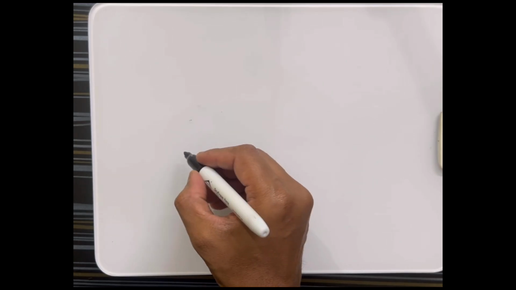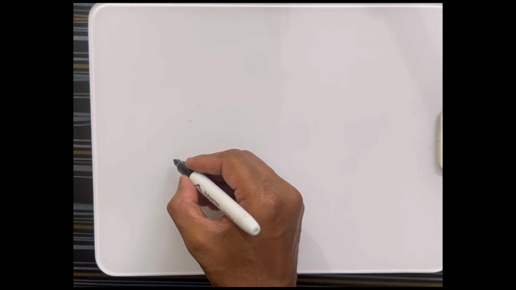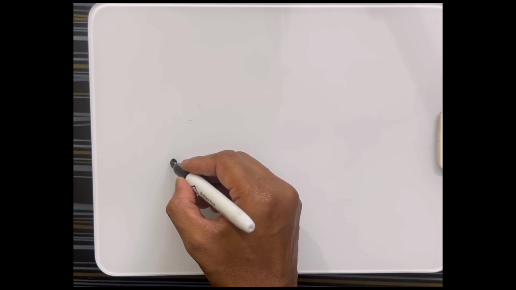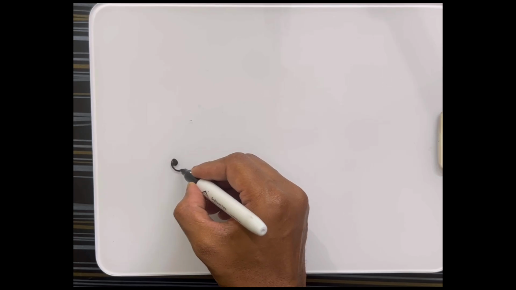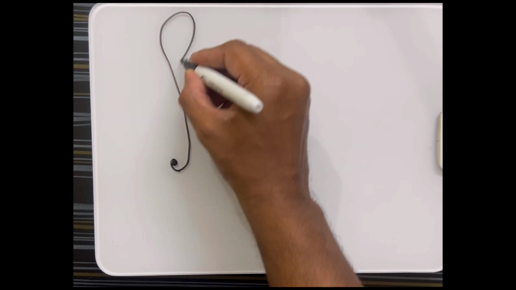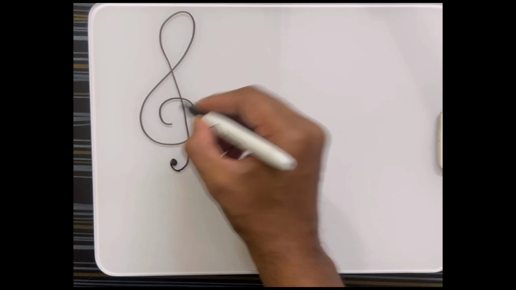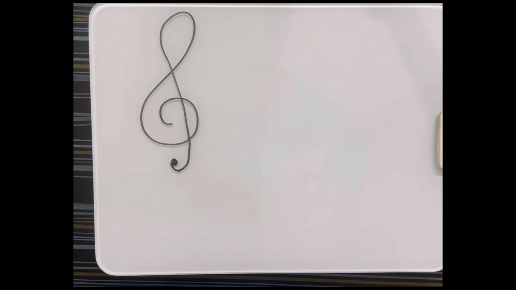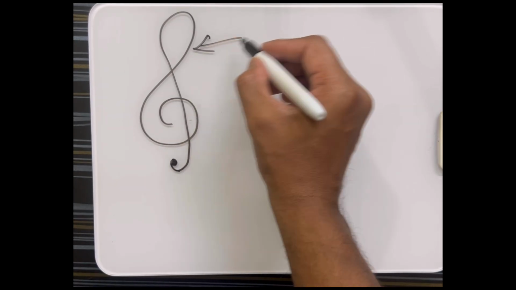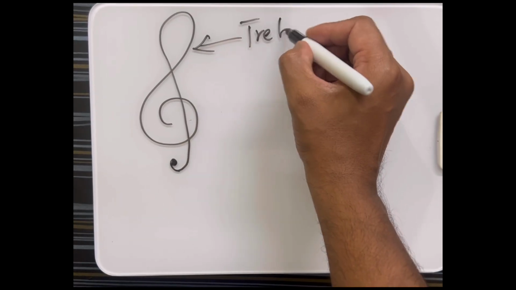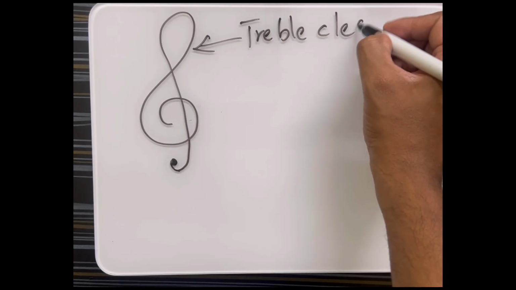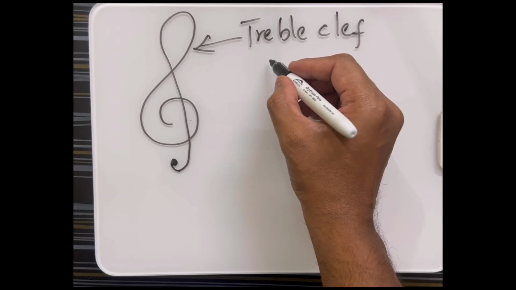Now there is one more symbol called the treble clef. This is called treble clef. It's also called G-Clef.